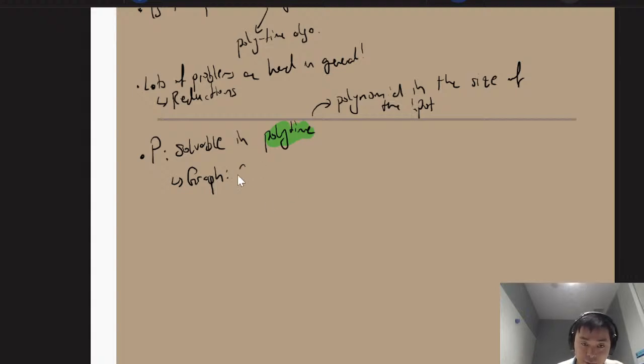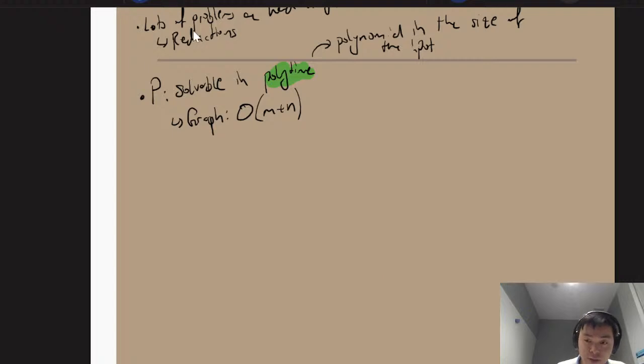To represent a graph, you would need to process the vertices and the edges. So it takes m plus n to encode your graph, and so it has to be polynomial in m and n as well.